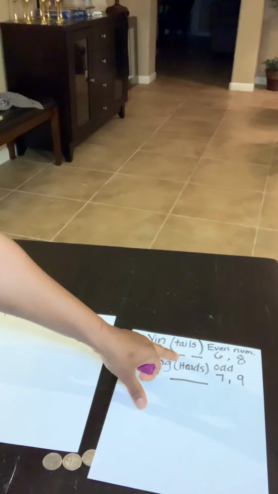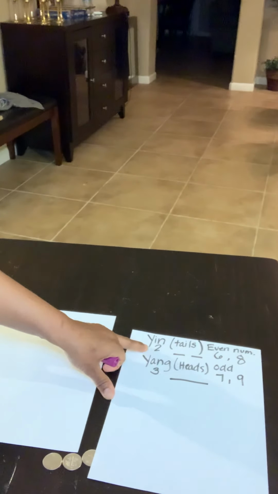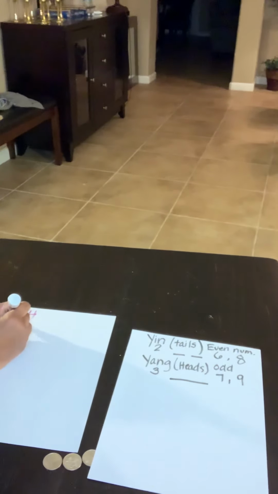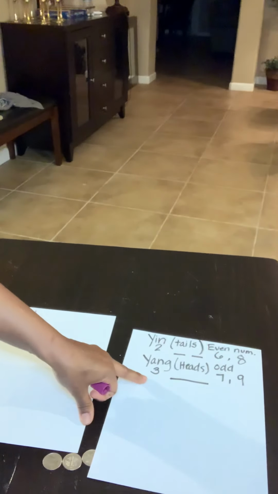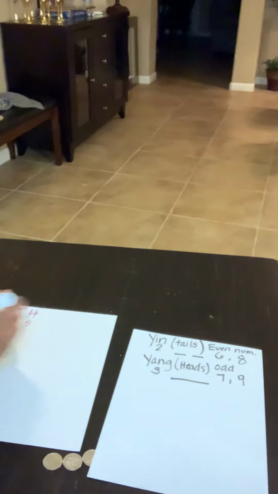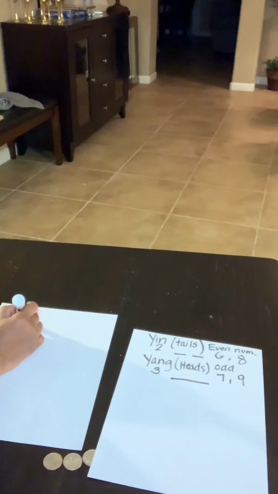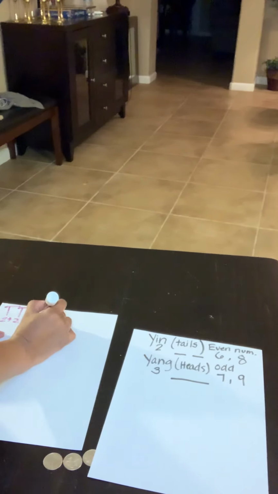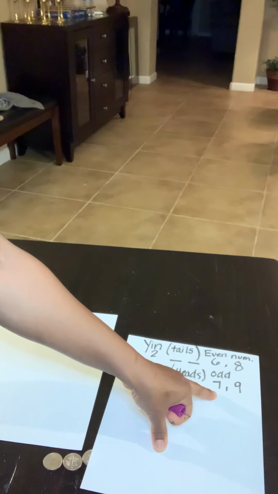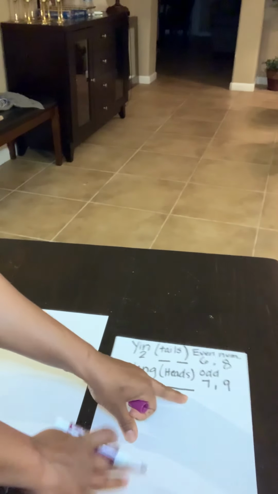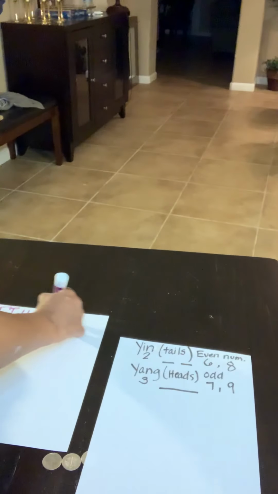We know that tails has a value of 2, so 2 plus 2, and heads has a value of 3. 2 plus 2 is 4, plus 3 is 7. And we know that 7 is an odd number, so that's going to give us the yang, the solid line.